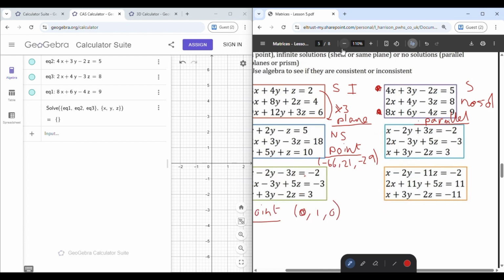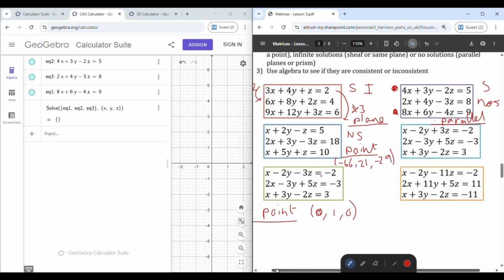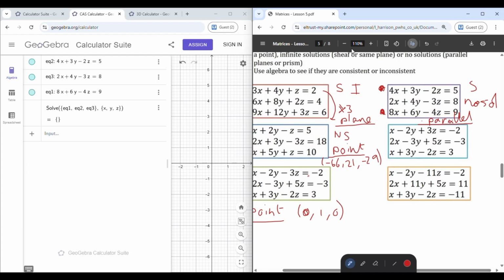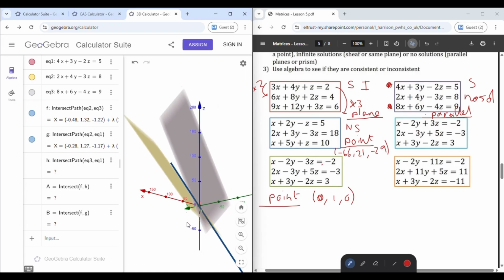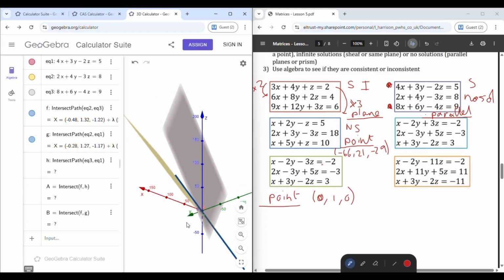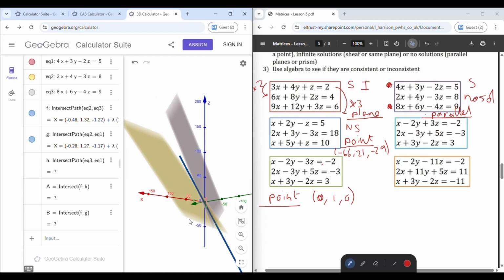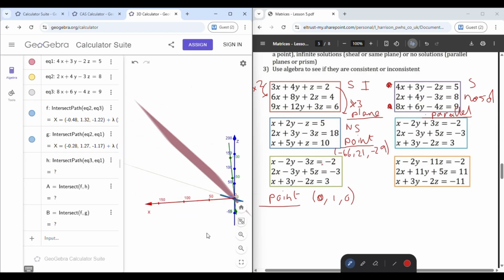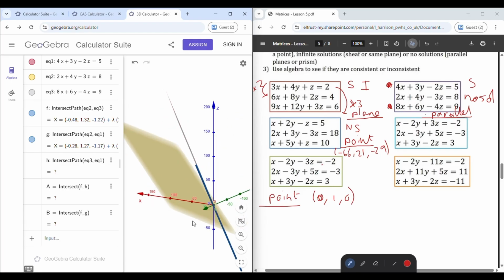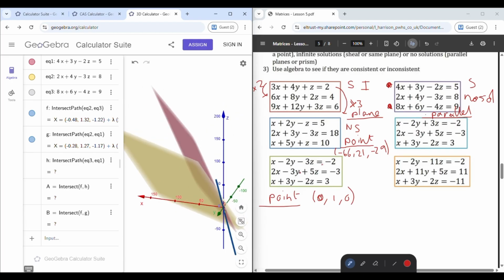And I just want to show you on GeoGebra, it looks quite interesting actually. So let's have a look at what that's going to look like. This is what we get on GeoGebra. As you can see, it's almost hard to see all three planes. We have our yellow plane here, this grey plane, and on the other side you can see the red one there. Now you might think they're the same, but we already know they're not the same.